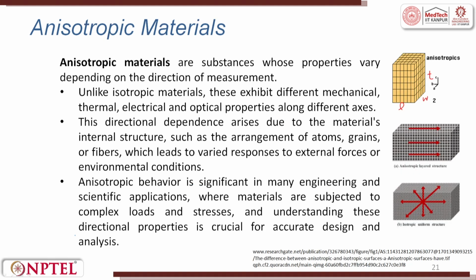The next topic of discussion is going to be anisotropic material. Anisotropic materials are substances whose properties vary depending on the direction of measurement. Unlike isotropic materials, these exhibit different mechanical, thermal, electrical and optical properties along different axes.